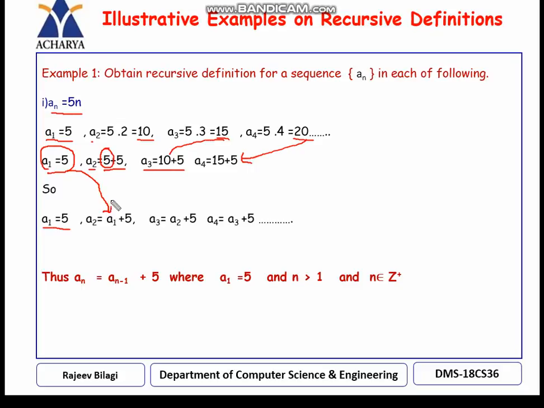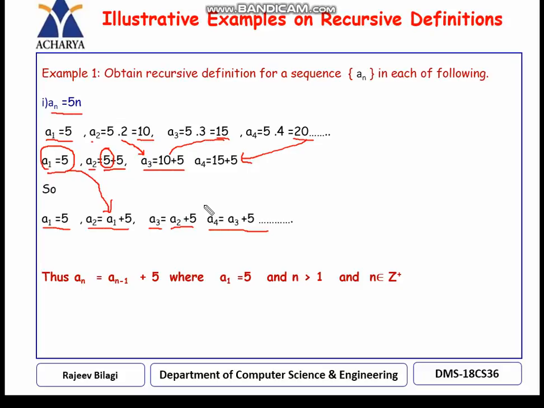So now a2 is equal to a1 plus 5. Similarly, a3 is equal to 10 plus 5. What is 10? a2 is equal to 10. So I can write a3 is equal to a2 plus 5. Similarly, a4 is equal to a3 plus 5.